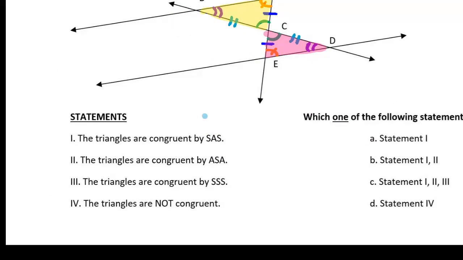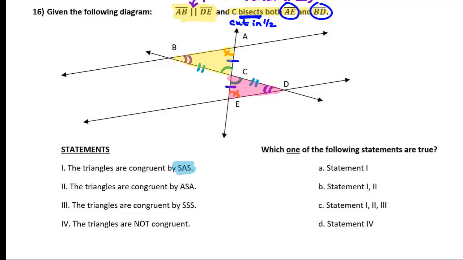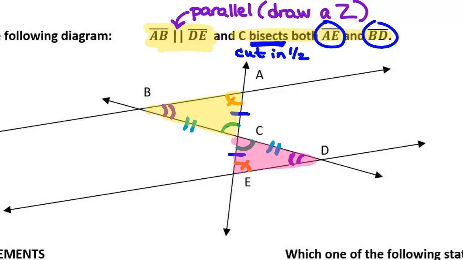We want to figure out which of these statements are true so that we can come over and select the right answer over here. So let's look first. Could we use side, angle, side to say these two triangles are congruent? Do I have enough marked up? Yes. Side, angle, side.